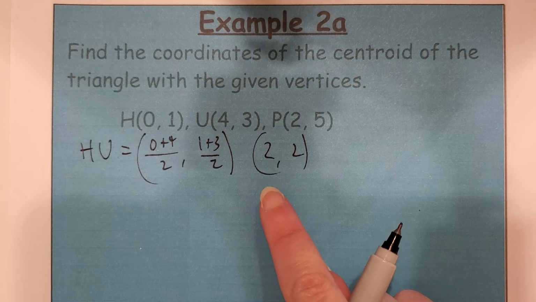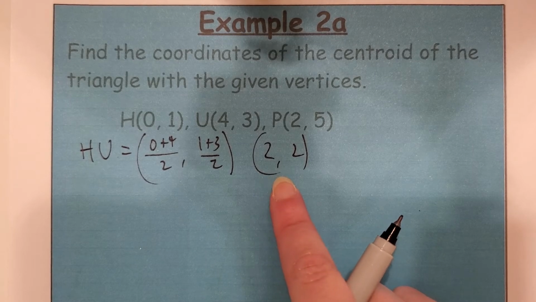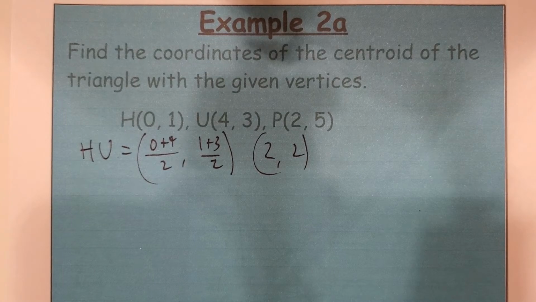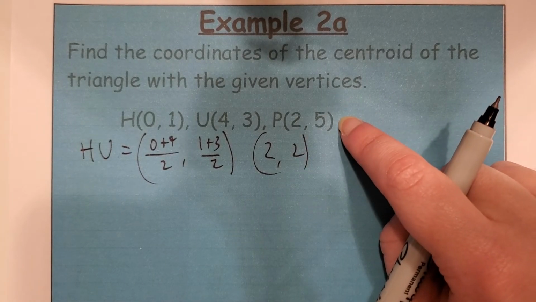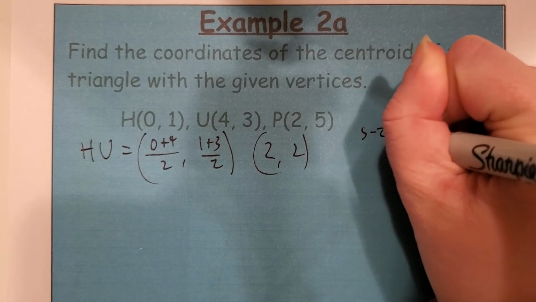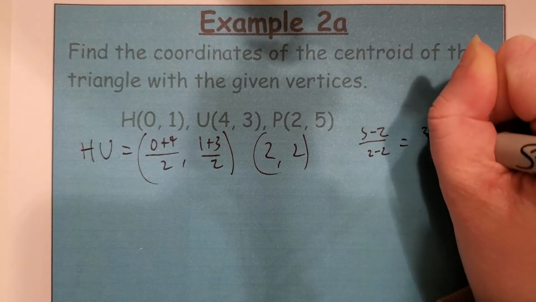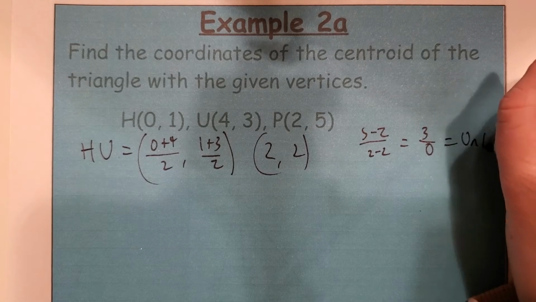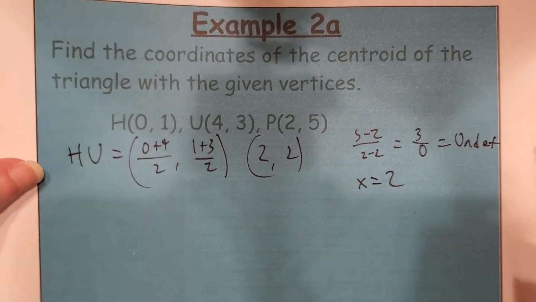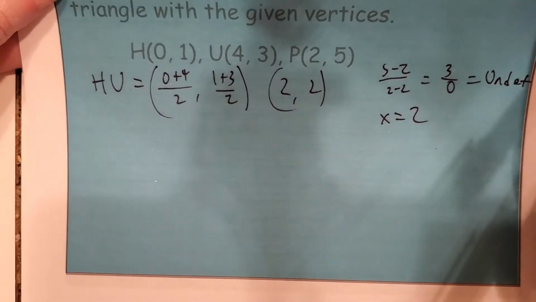And we're finding the slope of this midpoint and the only other point of these 3 that we haven't dealt with yet. So that's this 2, 5. All right, that's point P. So it's 5 minus 2 over 2 minus 2, which is 3 over 0. We've got another special case. So x is 2.